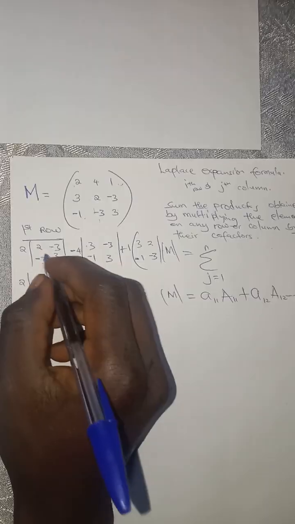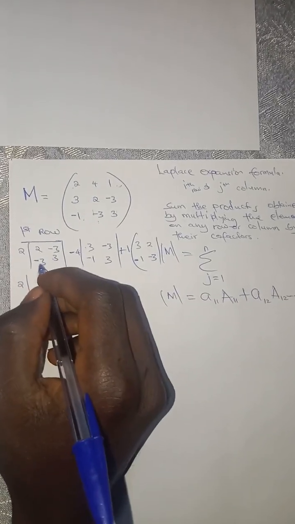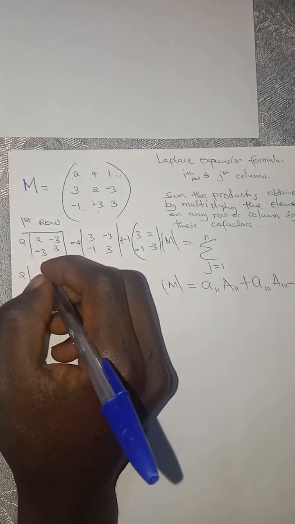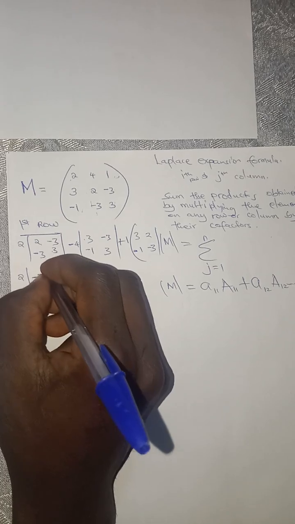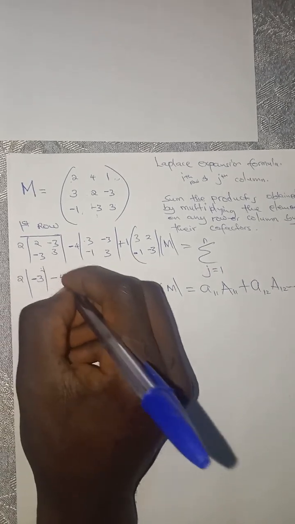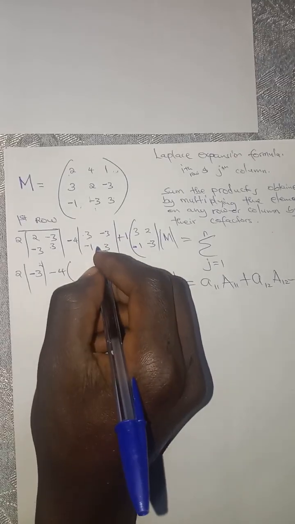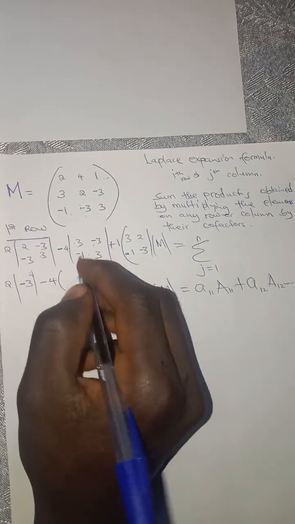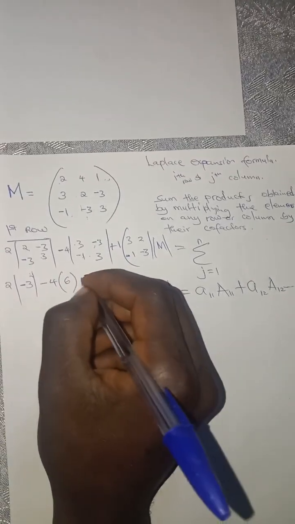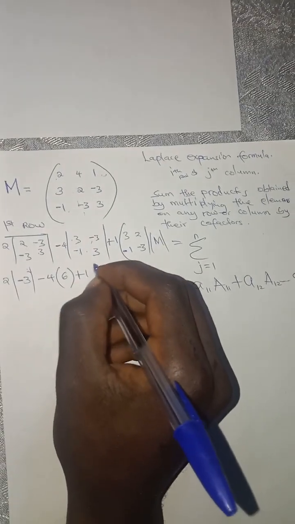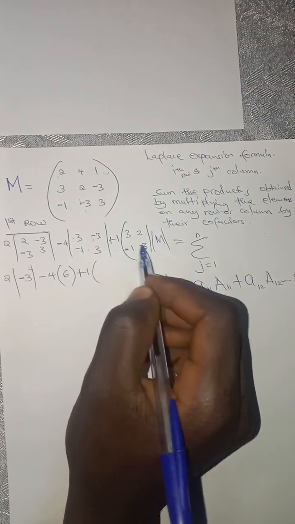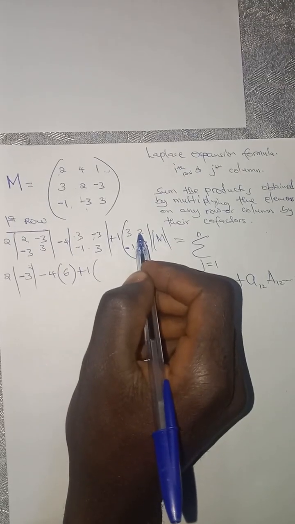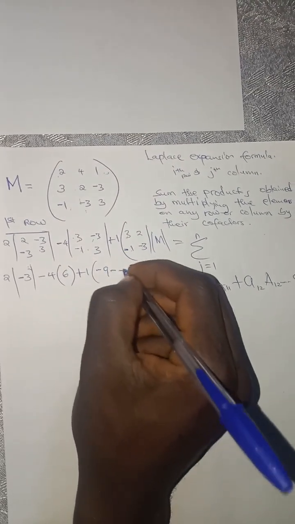Let us try to solve. 2 into, 6 multiplied by 2 multiplied by 3 is 6, -3 by -3 is 9, 6 minus 9 is -3. Minus 4 into 3 multiplied by 3 is 9, -1 multiplied by 3 is 3, 9 minus 3 is 6. Plus 1 into 3 multiplied by -3 is -9, minus -1 multiplied by -2 is -2, so it will be -9 minus 2.